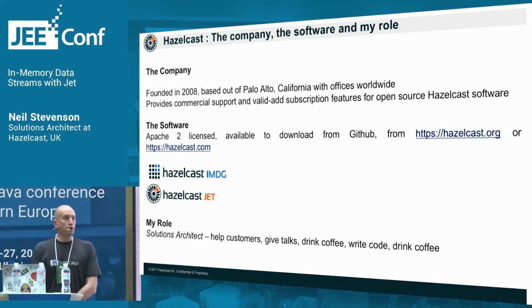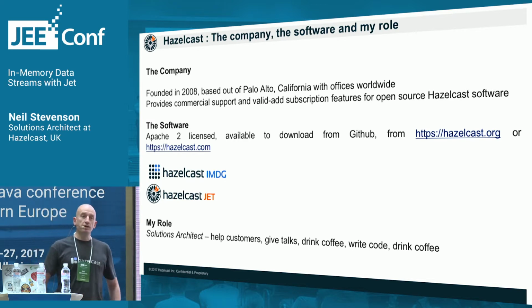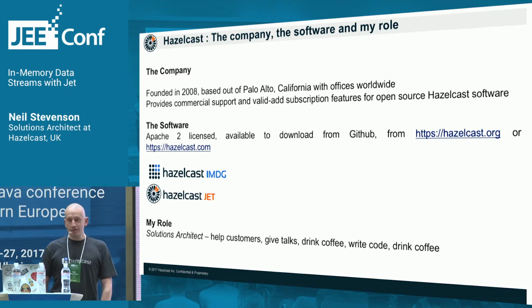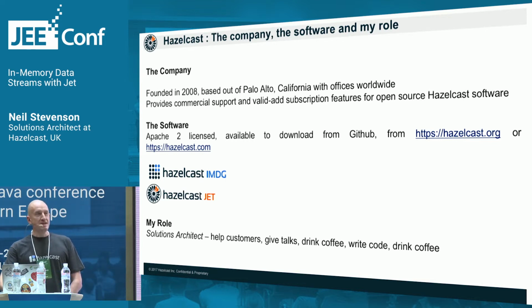I help organizations get started with Hazelcast. I help organizations tune and optimize the Hazelcast setup. I do conference talks. I write Hello World very many times. I run Hello World quite a few times. And I drink a lot of coffee, an awful lot of coffee. So that's me and us.